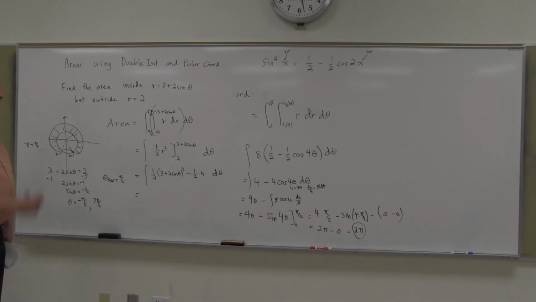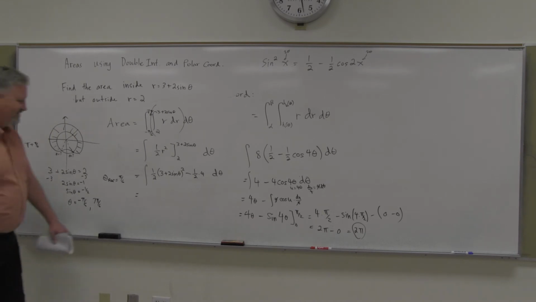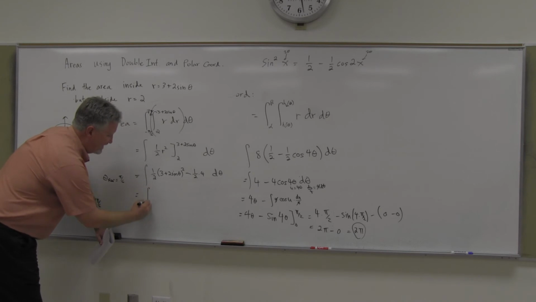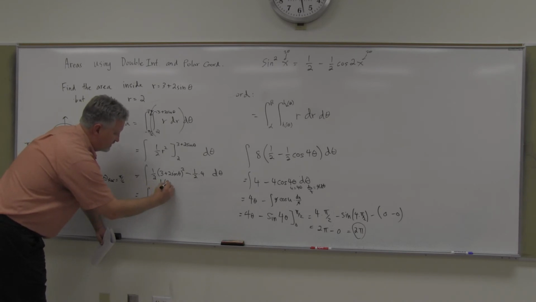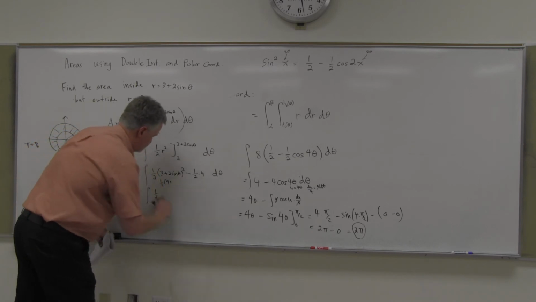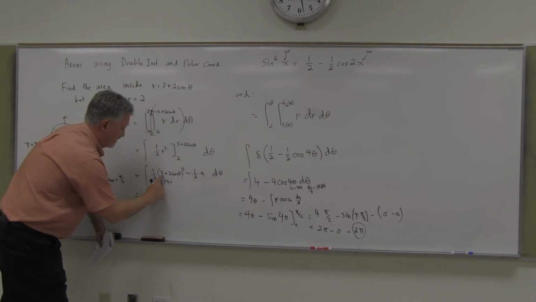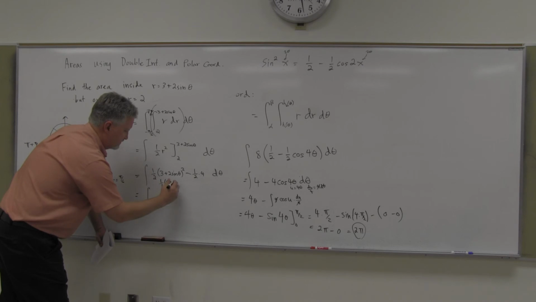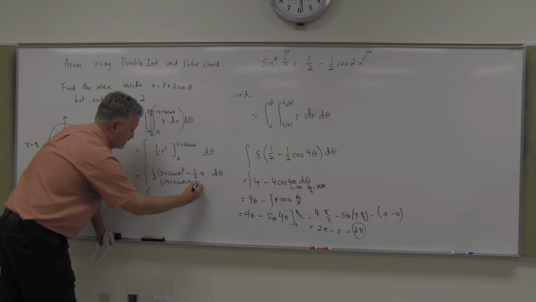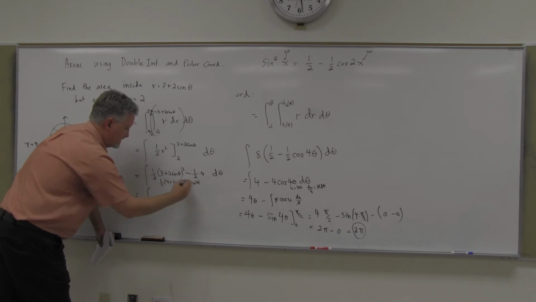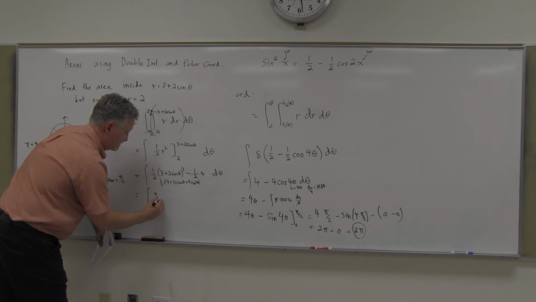So it's not too bad, but it's a little bit of work here. So it's 1/2. Oh, let's do this. 1/2 times 9 plus, square that out, 12 sine theta, and then 4 sine squared theta, and then times 1/2 that, so it'd be 9/2 plus 6 sine theta.